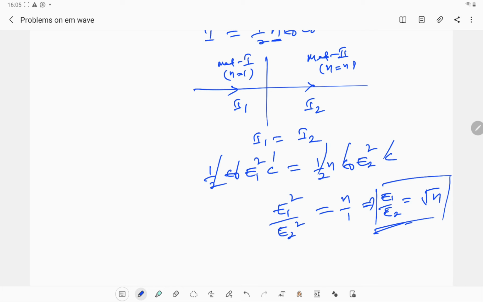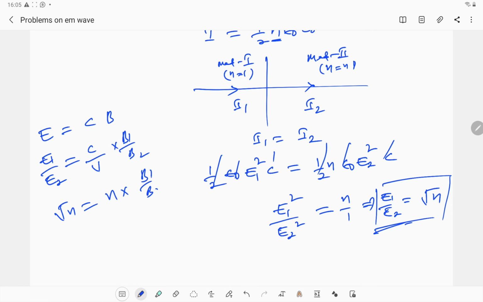And then the ratio of magnetic fields. See here, E is equal to C into B. E1 by E2 is equal to C1 by C2 into B1 by B2. C1 means this is C, C2 means in this medium velocity V. E1 by E2 is equal to root n, C by V is n.